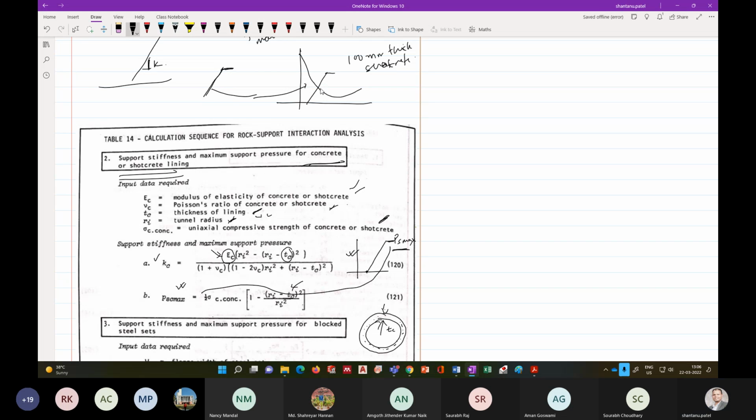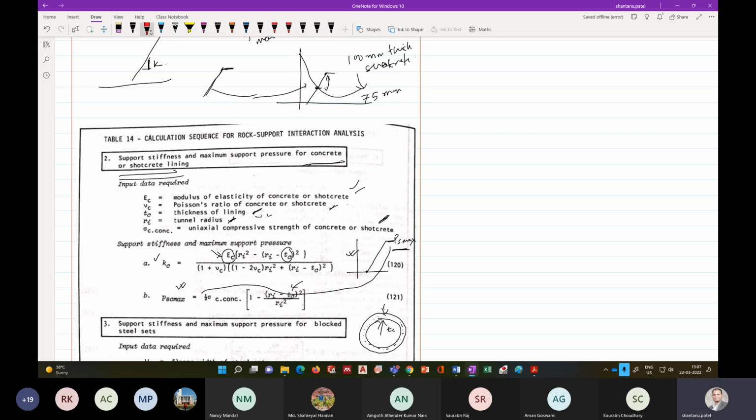So now in this case, there is too much gap between this point and this point. That means the shotcrete you are providing is too thick. So maybe you can reduce it to 75 mm thick. Is this clear?